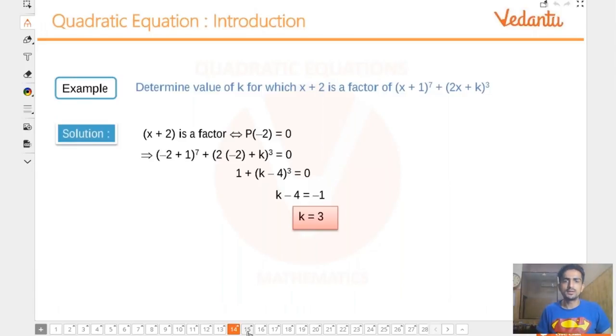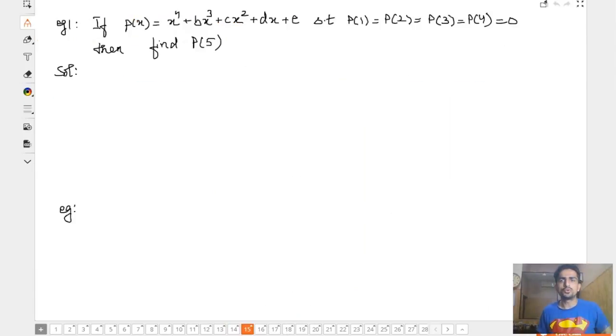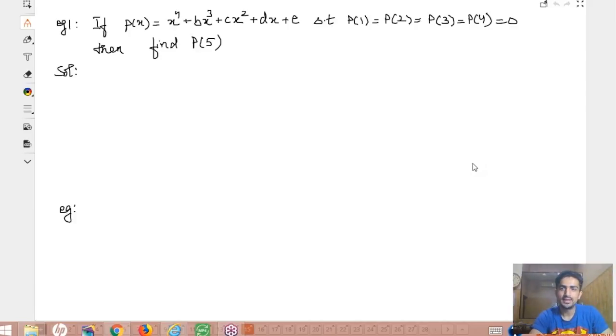Now guys, do this question. I give you a hint first of all. The hint is, the factor theorem says if x equal to a is a root, then x minus a must be a factor. And this question is not more than 3 or 4 lines, believe me.